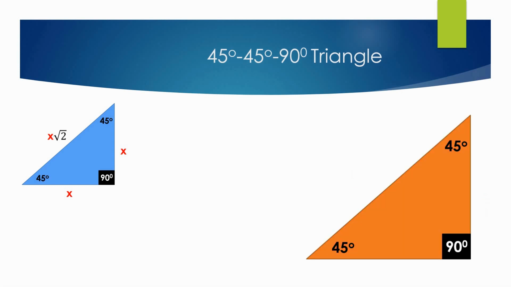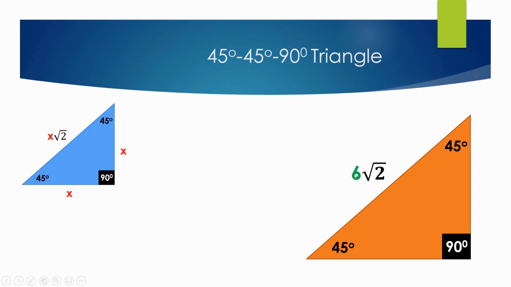For example, this one. What if given naman is yung hypotenuse? The hypotenuse measures 6 square root of 2. As you can see, 6 is in a different color, green siya. According to the definition, you'll just multiply the leg and then the square root of 2. You'll just reverse the definition yan.